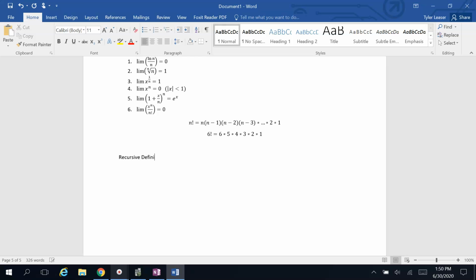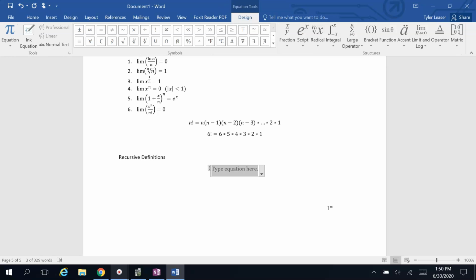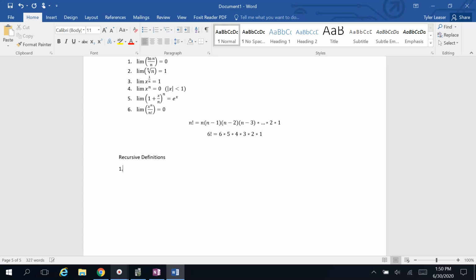Recursive definitions. So this is more for computer programming type of people. So there's 2 parts to this. The first part of the definition is going to be the values of the initial terms. The second part is a recursion formula for calculating any later terms.